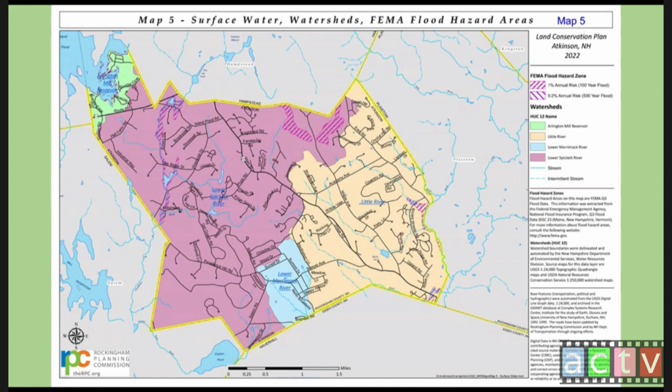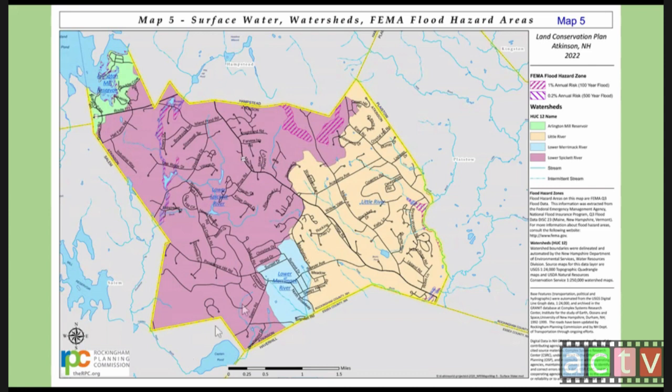The lower Merrimack River watershed is in light blue. Do you know why that's called that, since it has to go through Little River or some other stream to get there? I didn't make the map. I know, I was just curious. I don't know. My pre-recorded answer is, that's a very good question, worthy of further research. In other words, I don't know the answer. And the Little River watershed is in beige.